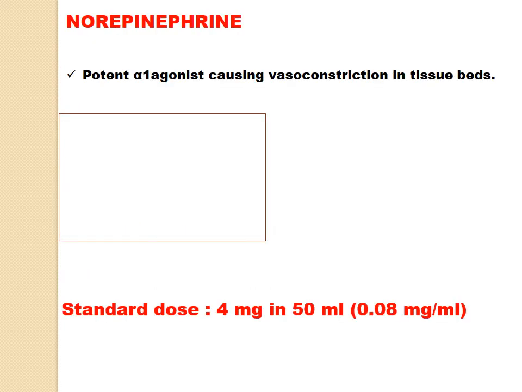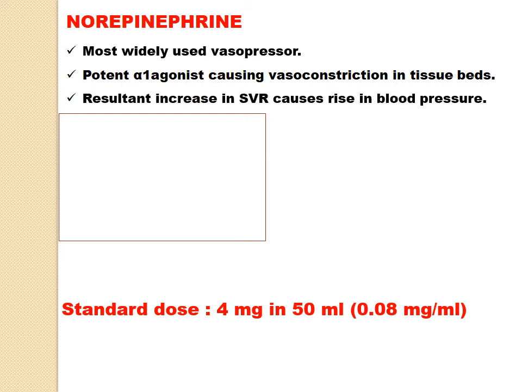Then come to the drug norepinephrine. Norepinephrine is the most widely used vasopressor and it's a potent alpha 1 agonist responsible for vasoconstriction in the tissue bed. The resultant increase in the systemic vascular resistance causes a rise in the blood pressure.